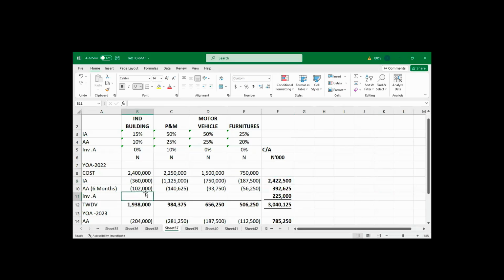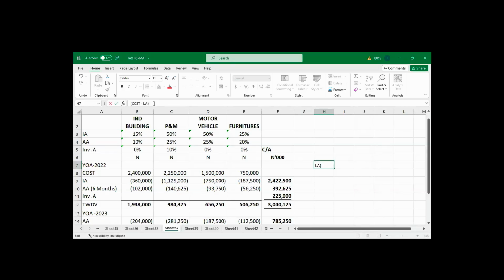Now, annual allowance. How do we get annual allowance? You will say cost minus initial allowance, divided by the number of years.